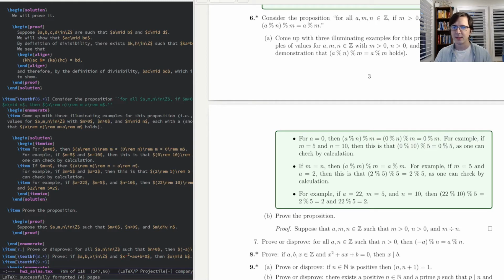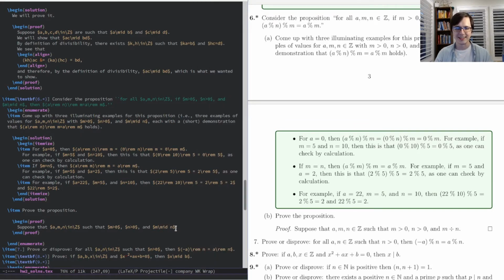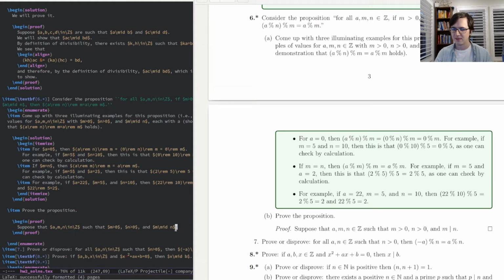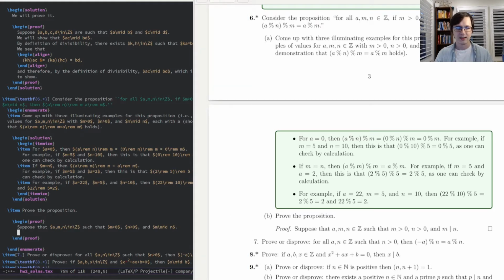Is there a difference between div and mid? Oh, yes. Div is the division sign. Okay. We will show that a remainder n remainder m equals a remainder m.